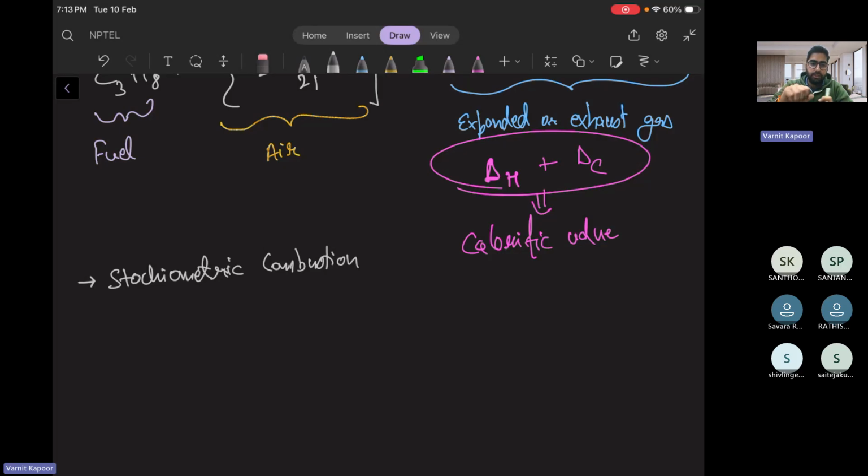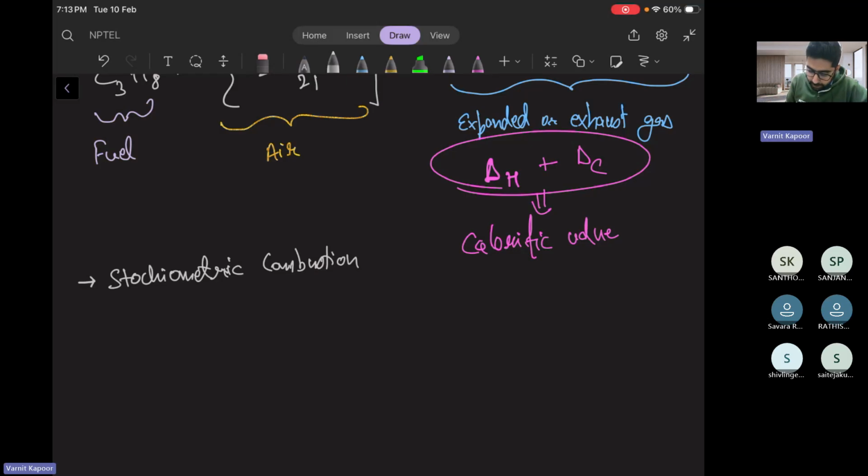But if you suddenly give a jerk or suddenly press the accelerator pedal in the car, then it's possible that fuel will be less or air will be more, or fuel will be more and air will be less. That gives us different kinds of combustion, that is lean, rich, or super rich combustion.